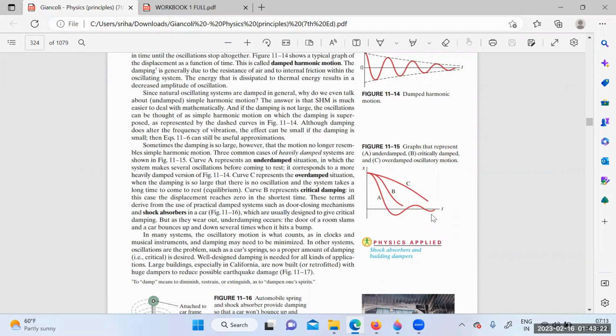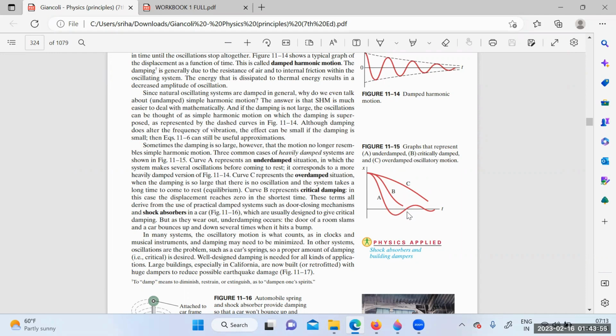Can you explain graph B again? Graph B. In graph B, you have an external force of a magnitude in between A and C. So the amount of time the system takes for the displacement to be zero will be minimal. As you can see here, in graph B the displacement is reaching zero in a very small interval of time.